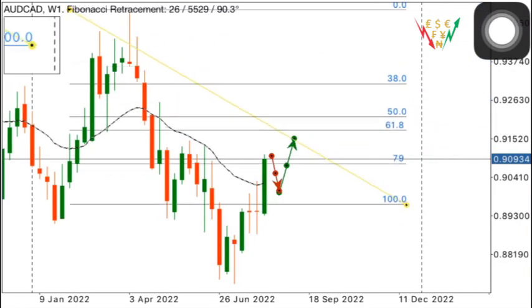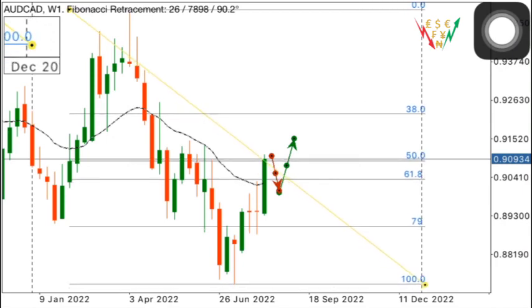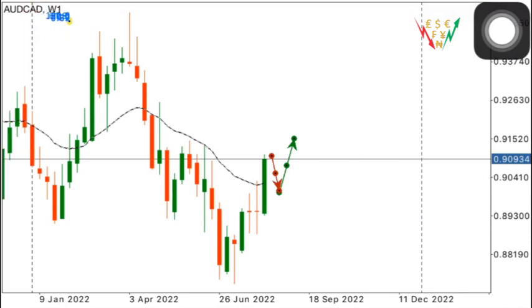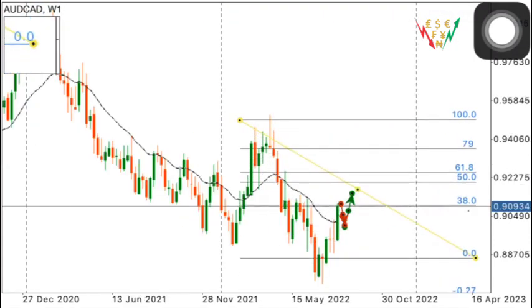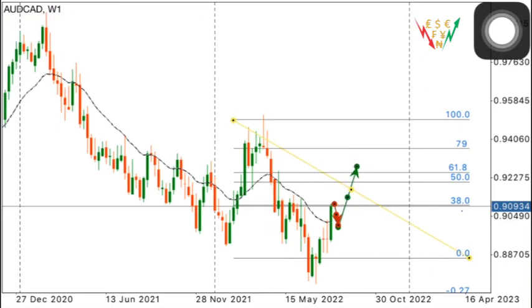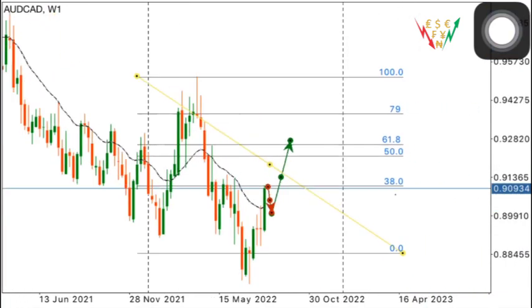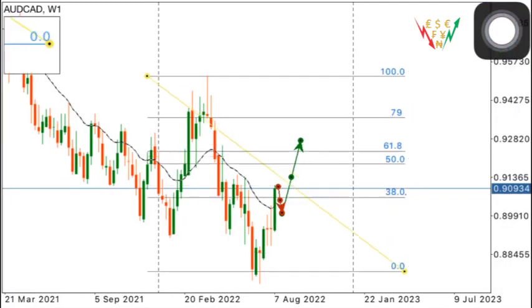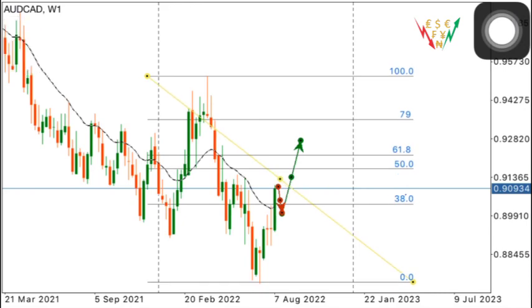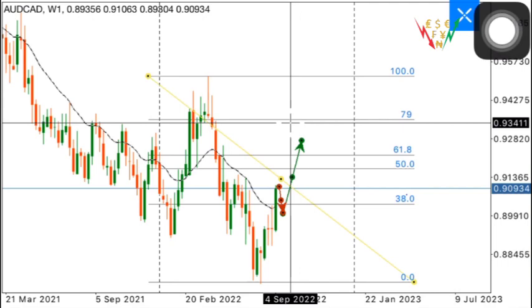If we place this here, from this swing right here to this swing, to where the price is, the last swing down here, we'll see that the price has not even approached the 79.